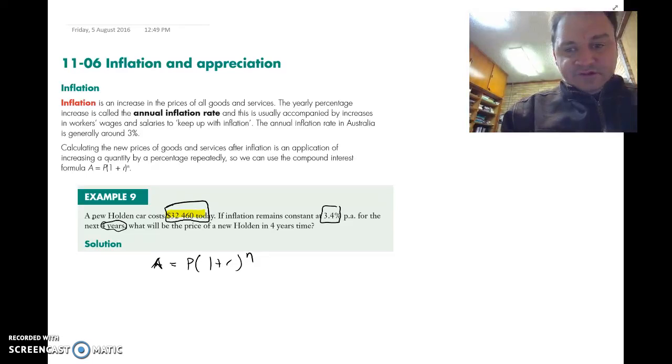So what's the value of this car going to be? Generally they write it that the value will equal the initial value, and that's usually what this little zero means, the initial value, times 1 plus the rate to the power of n.